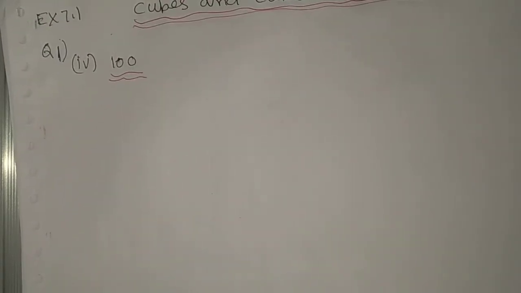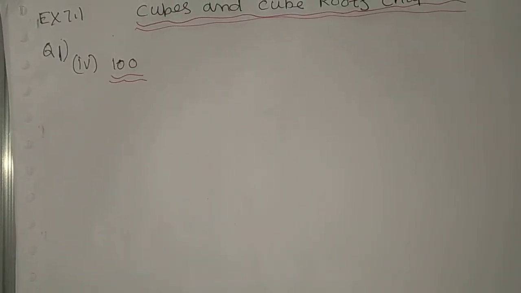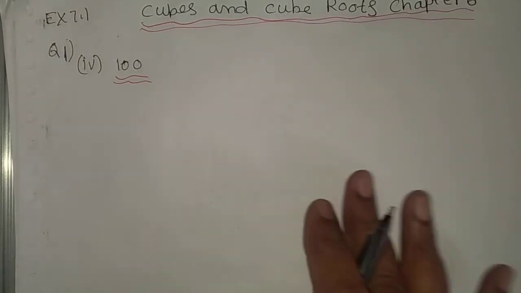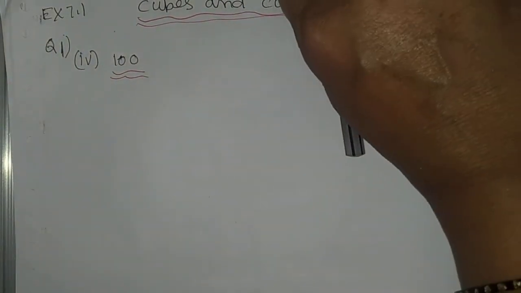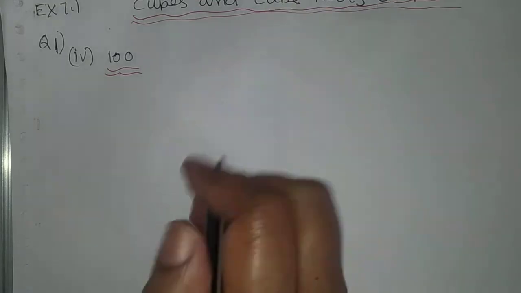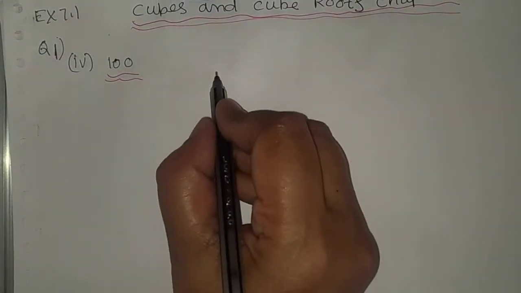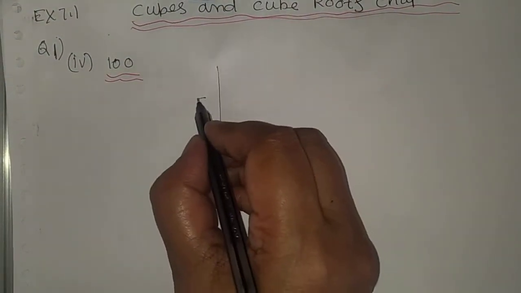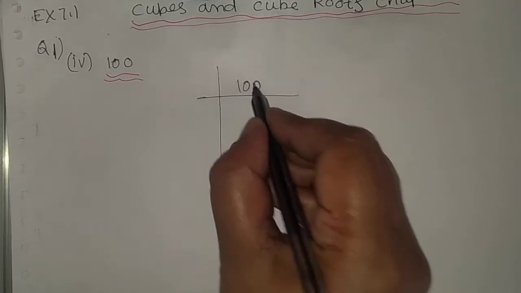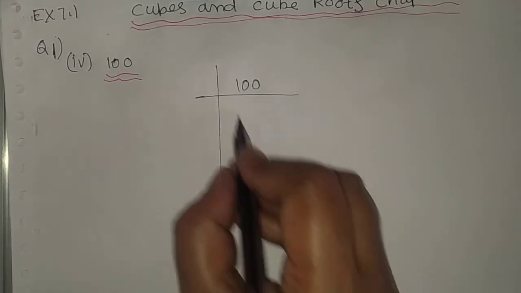We move on to the fourth problem. The fourth problem given is a 3-digit number, 100. Directly you can tell that this one is not a perfect cube. It is a perfect square, but it is not a perfect cube. So take 100 and prime factorize this number.